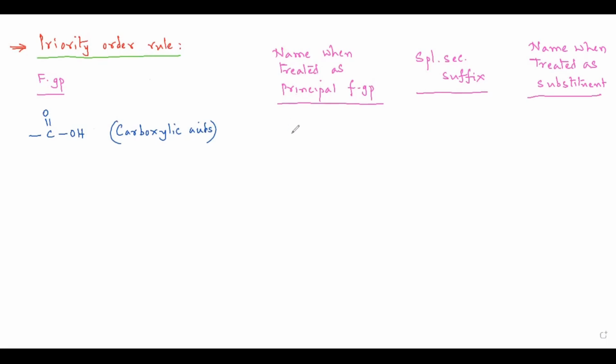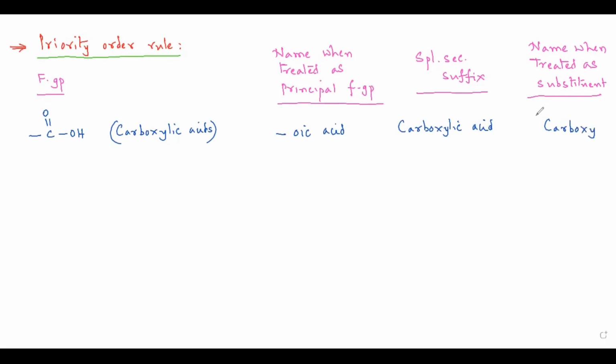Name when treated as principal functional group: just now we discussed, oic acid. Now coming to the special secondary suffix, we call it carboxylic acid. Then when treated as substituent, we call it carboxy.